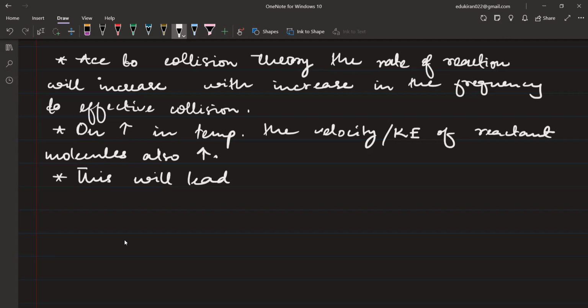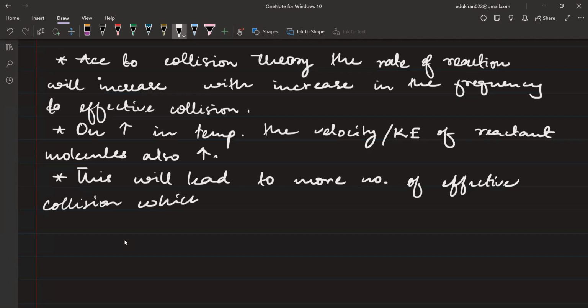This will lead to more number of effective collisions, which will increase the rate of reaction.